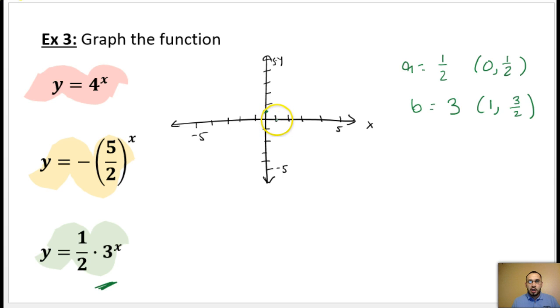And the other one is (1, 3/2). That's 1 and 1/2, so it's right here. We know our asymptote is going to be the line y equals 0. It's going to get very close to it, but it's never going to touch. Our curve is going to curve slightly like this. And we have our little half ramp, and we're done. Cool.